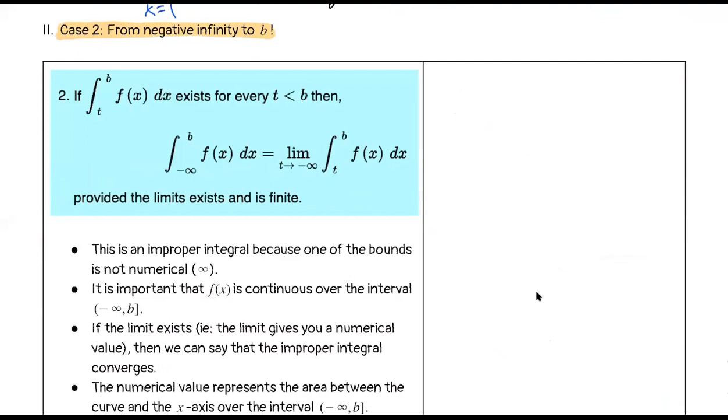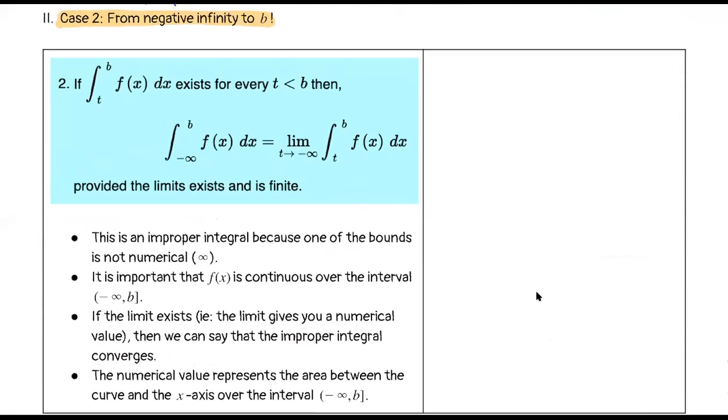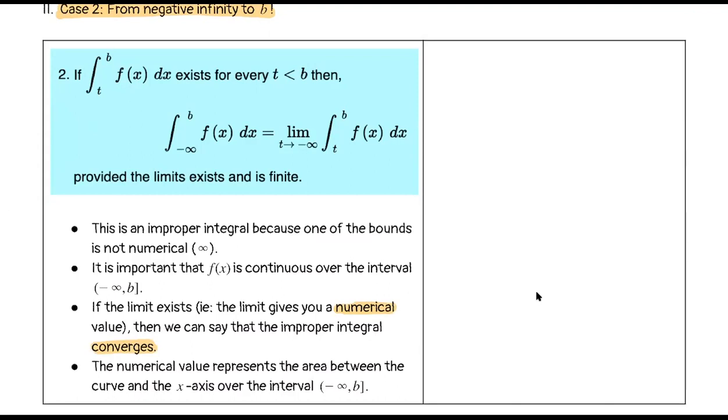The answer is going to depend. If we can apply this limit and we get a numerical answer out, that means the improper integral converges, and that number represents the area between the curve and the x-axis.